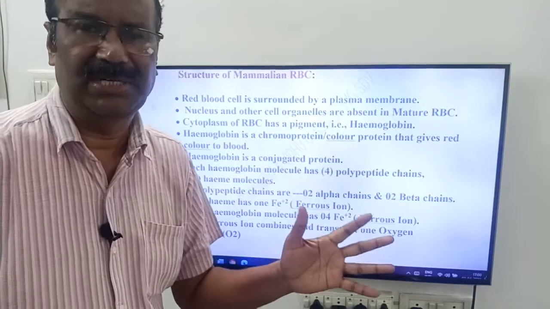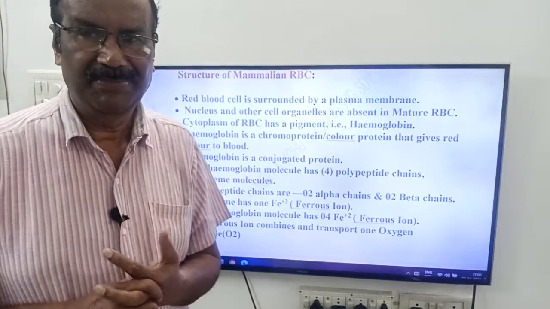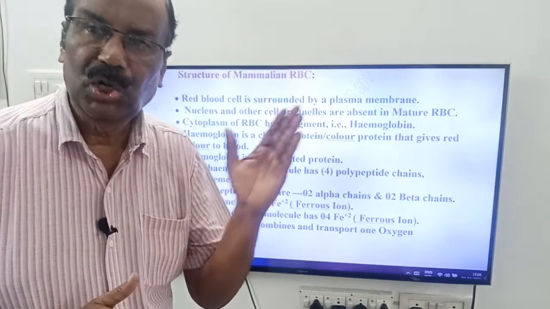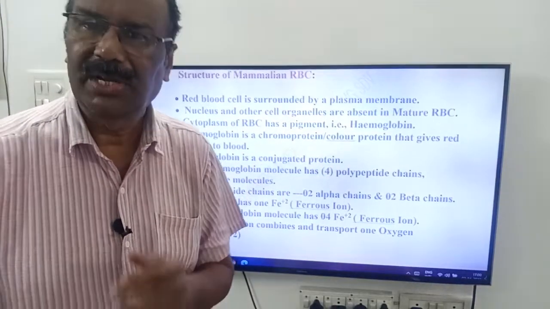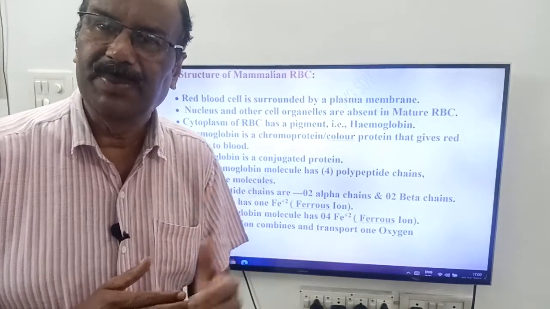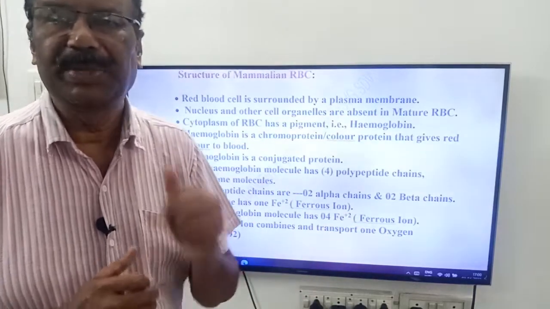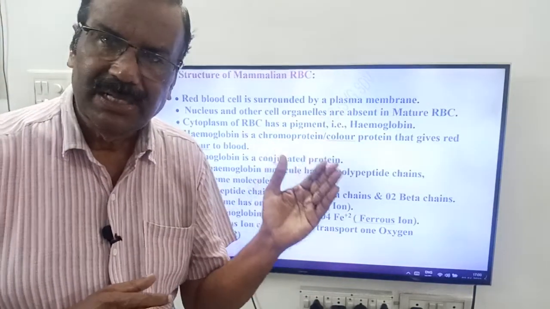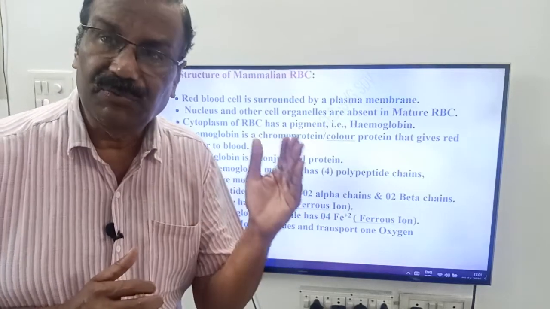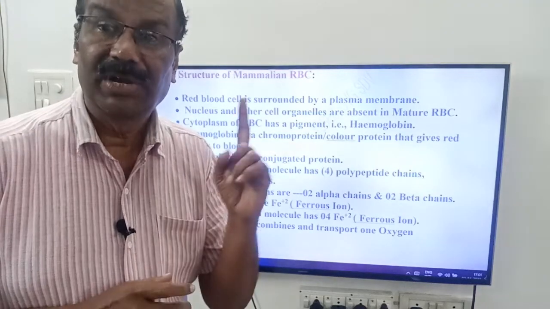See, friends, very important. Once again, friends, hemoglobin is a conjugated protein. It has globin and heme. Globin is the protein, heme is the non-protein part. Globin is made up of 4 polypeptide chains: 2 alpha chains and 2 beta chains. Whereas heme has 4 heme rings, and each heme has 1 Fe+2.